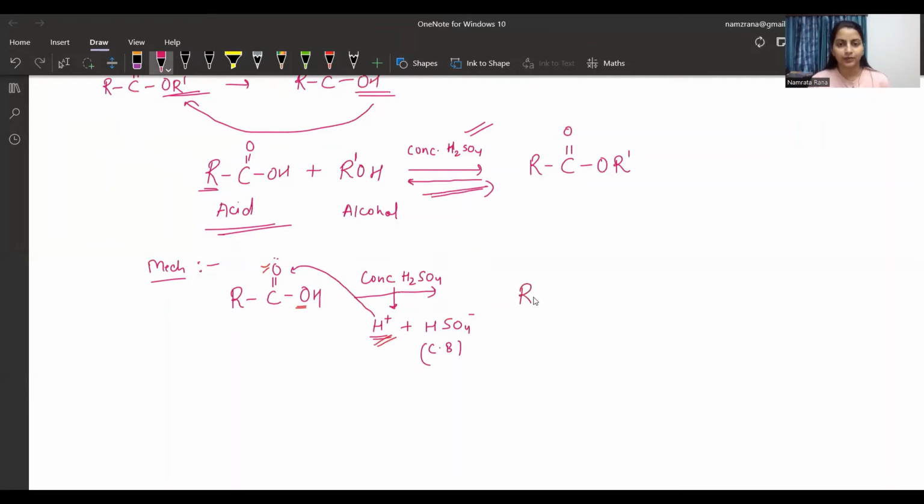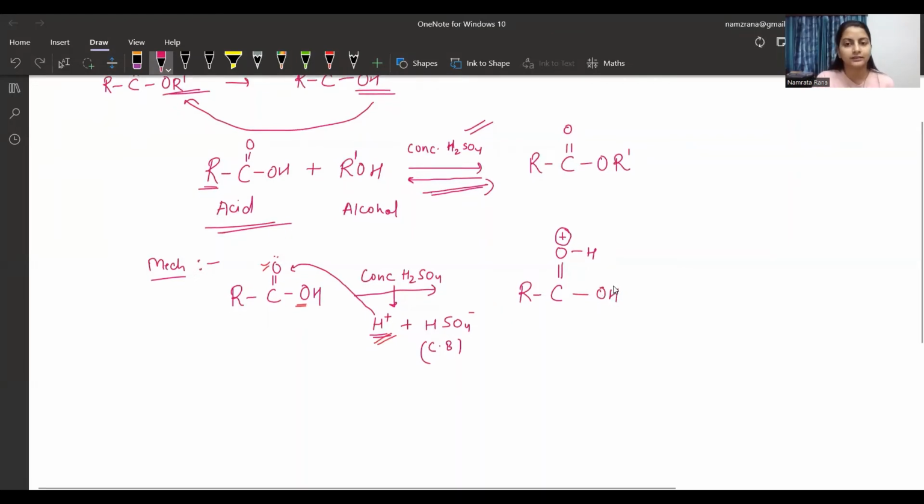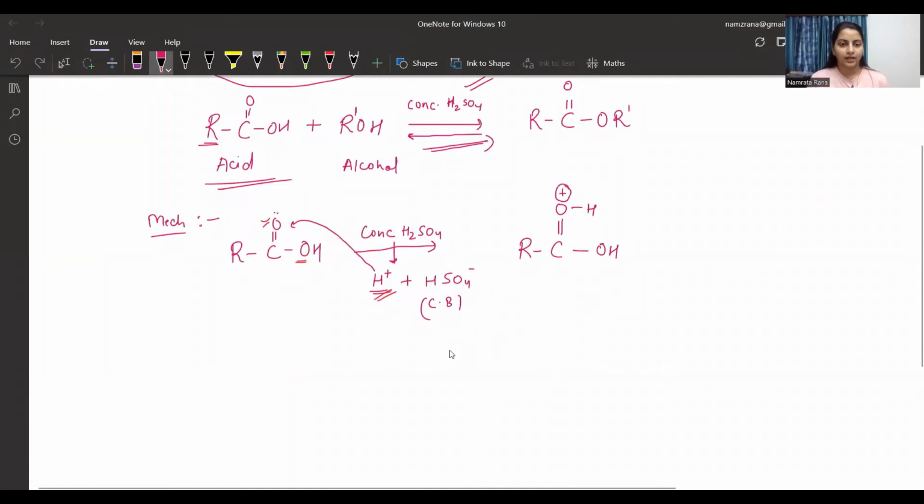So it gets protonated to give us double bond O was already here and an H positive ion, making this oxygen as positive, right? As soon as this reagent is formed, it is attacked by the another reactant, which is your alcohol part.